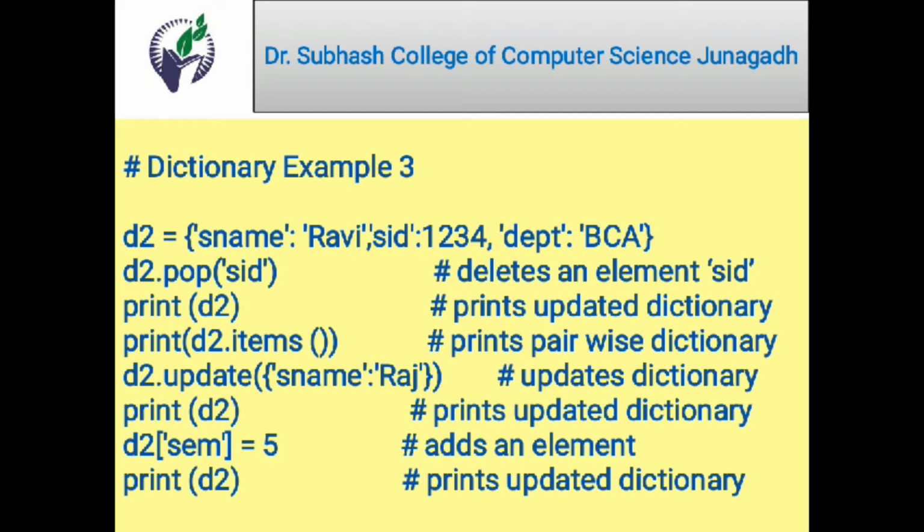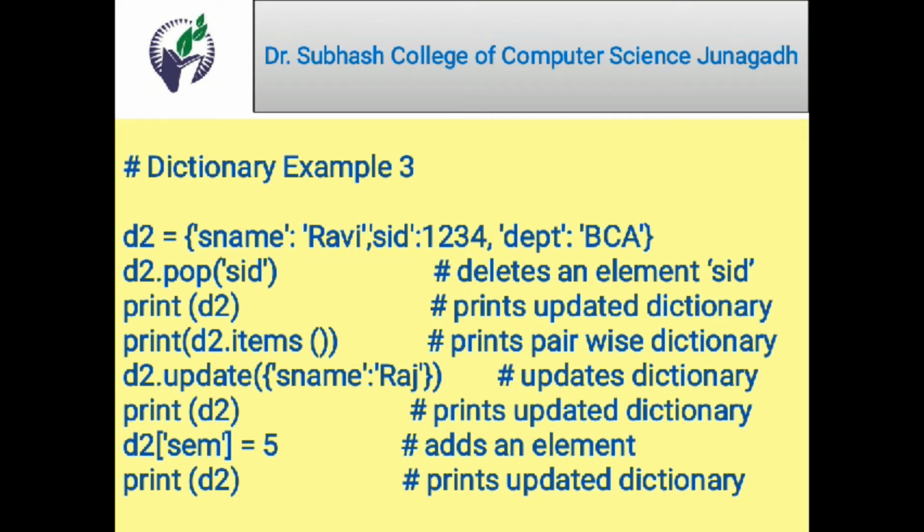We have seen push means insert an element to the stack. Pop means delete an element from the stack. But in the dictionary point of view, pop is similar to delete. For SID, here we must give the key. This statement will remove the element student ID key with its value; the entire key value pair will be removed.